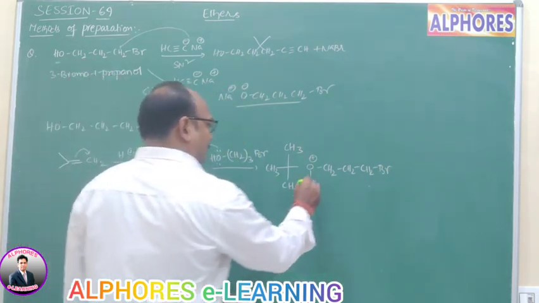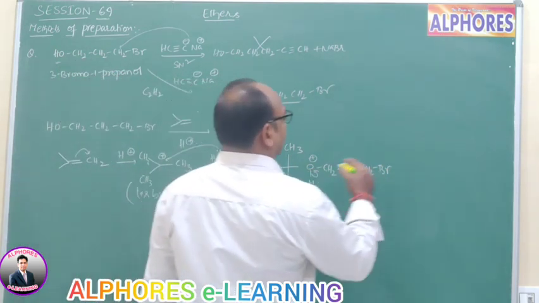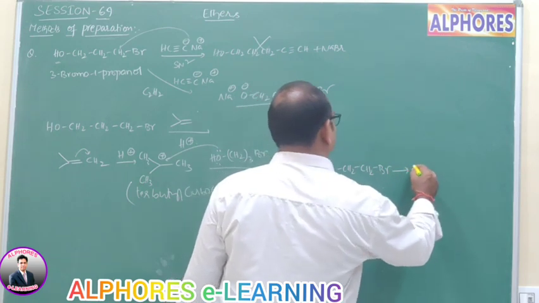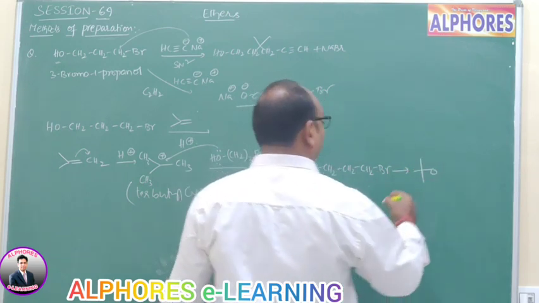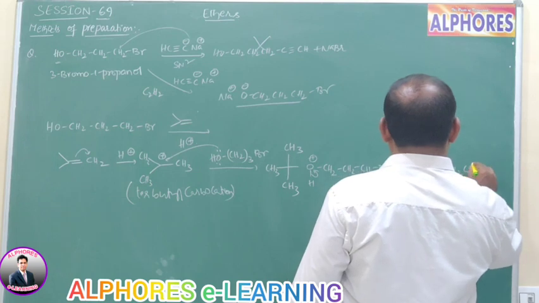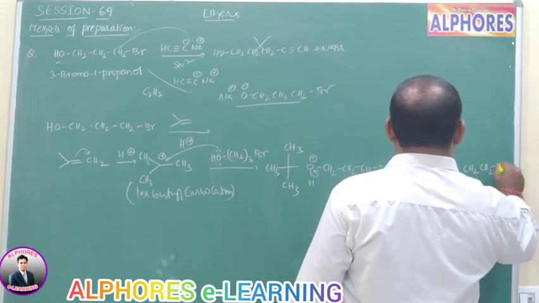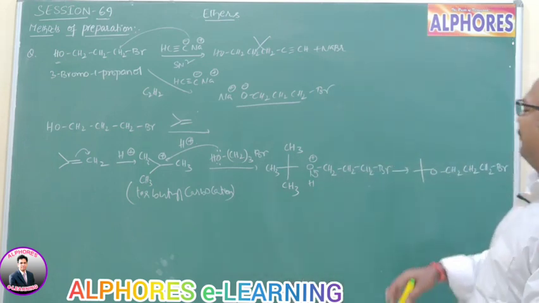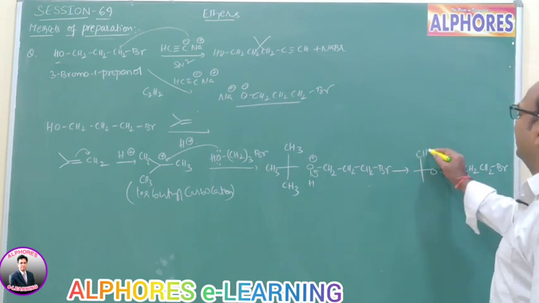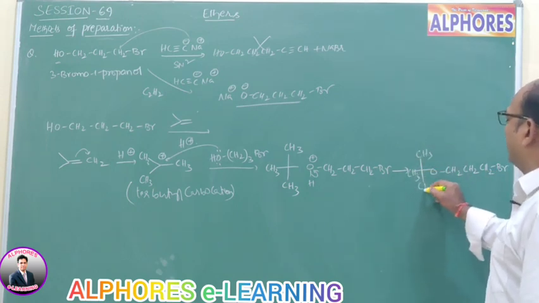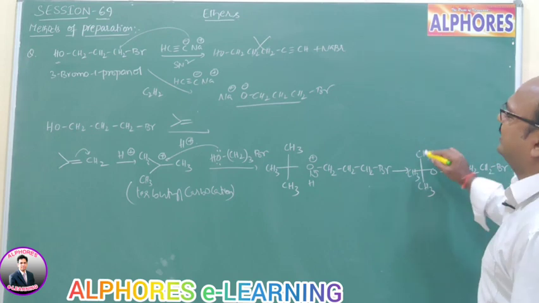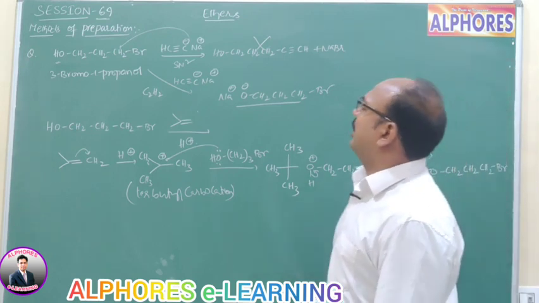Later H plus comes out, and we get the product O, CH2, Br. Now what is the difference between this product and the earlier one? If you observe, here the hydrogen is displaced by a tertiary butyl group.